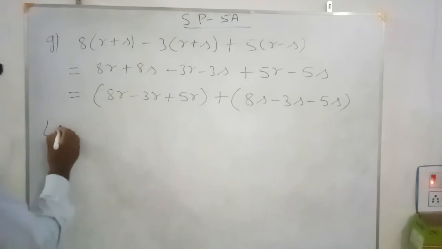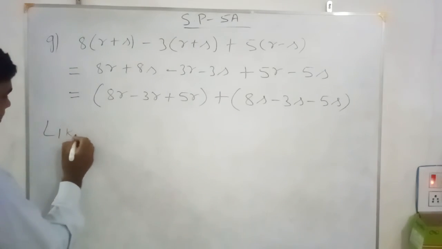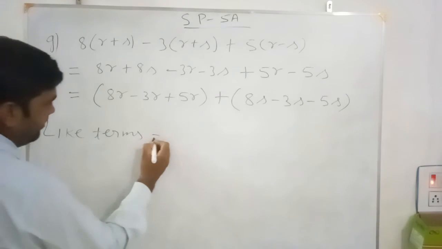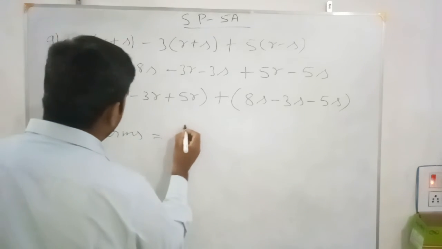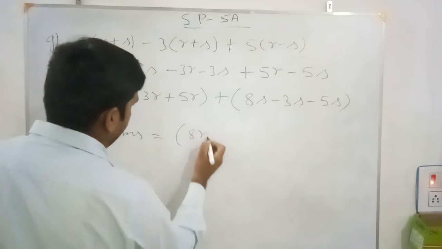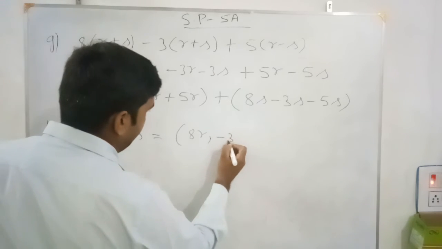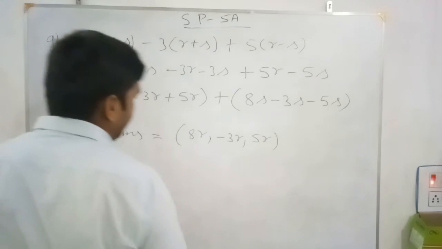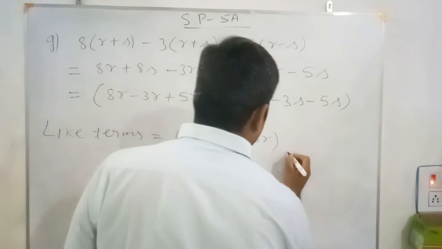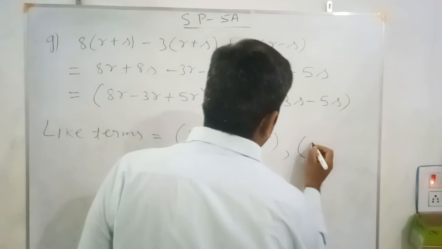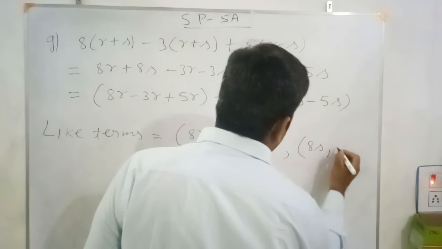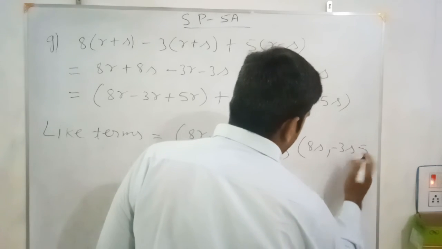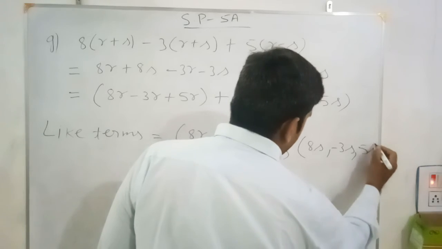Now what are the like terms? These two brackets are the like terms only. So like terms equals, in one bracket you can write 8r, minus 3r, 5r. In another bracket you can write the next like terms: 8s, minus 3s, minus 5s.